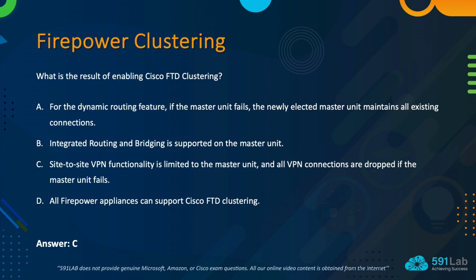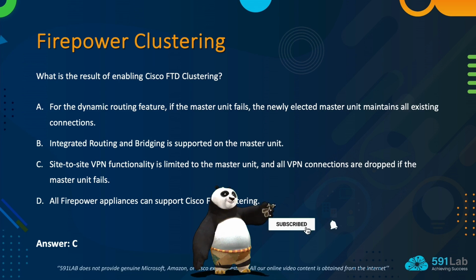Option A, for the dynamic routing feature, if the master unit fails, the newly elected master unit maintains all existing connections. This is not necessarily true. Depending on the dynamic routing protocol being used, some connections may be dropped when the master unit fails.